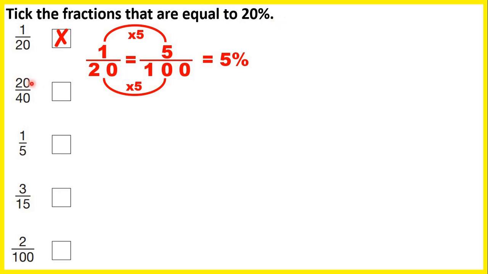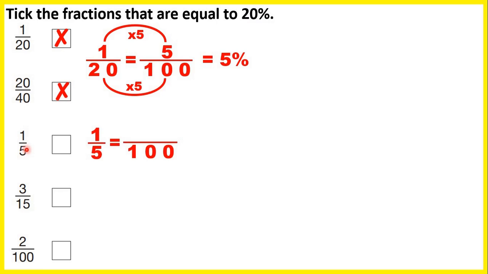Now we have 20 over 40. So 20 over 40 will not be the same or equivalent to 20 over 100. So we know that this will not be equal to 20%. We could simplify 20 over 40 to 1/2, because 20 is half of 40, but 1/2 is the same as 50%, not 20%.